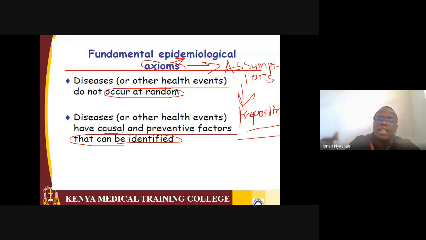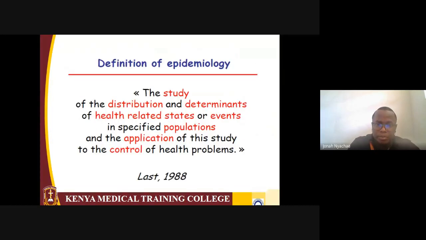So what the epidemiologist assumes is that diseases do not occur at random, and that diseases have a cause and have a preventive factor which can be identified. You need to put that in the back of your mind, that is the belief that guides epidemiology.